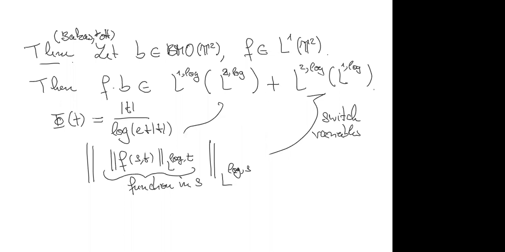This is not so clear in this case, because you have the strong maximal function, and it behaves not as well as the maximal function in one parameter. So we don't know yet how to go from this L log result to the H log result. But at least we understand these products.